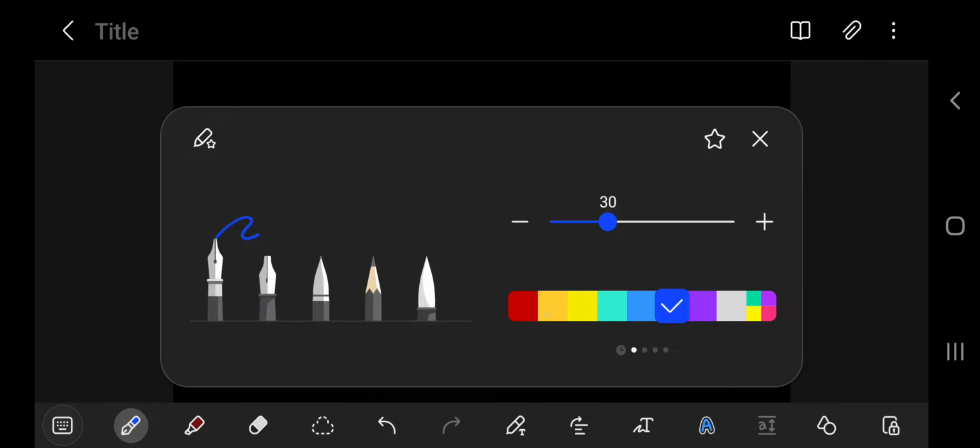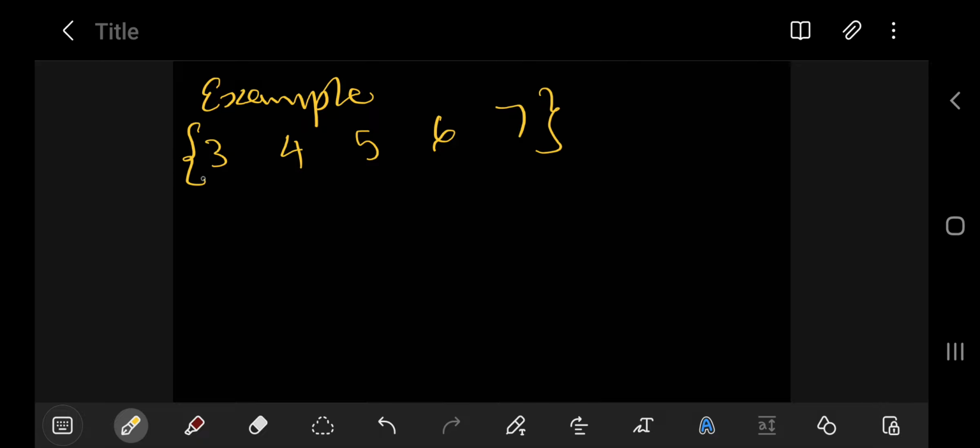All right, so another example, let's say you have 5 digits, which is 3, 4, 5, 6, and 7, right? You're given 5 digits, and with these 5 digits you are asked to generate a pin code with 3 digits.